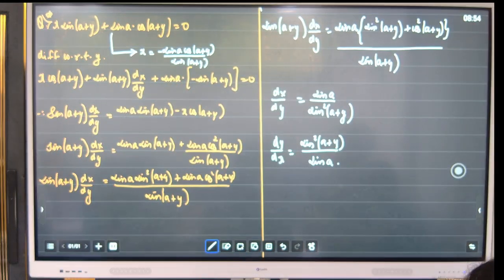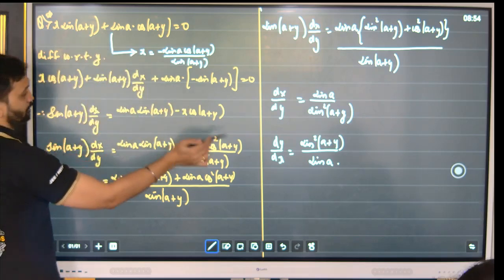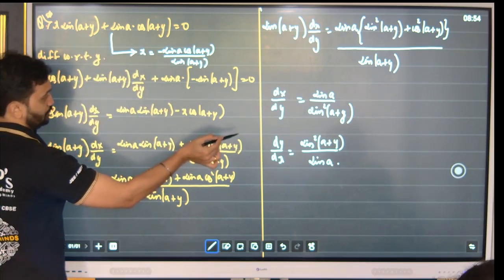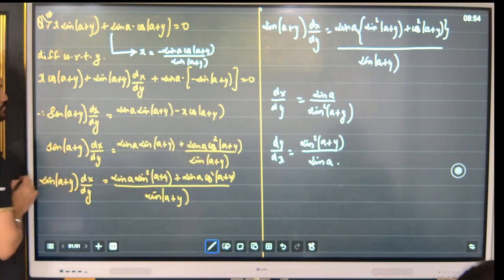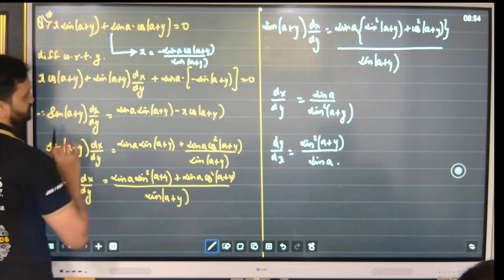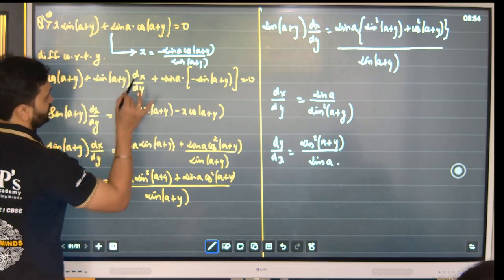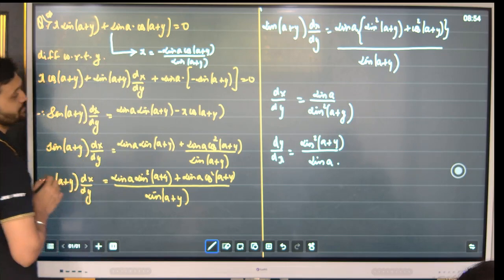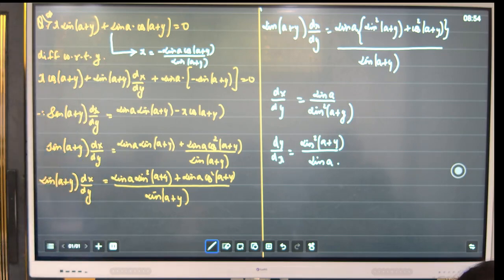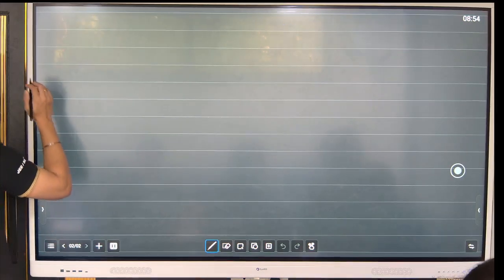So in this sum, if you differentiate with respect to x, you'll still get the same thing. We have to see which is the extra term that you're getting, and you'll get this x as the extra term. So we get the value of x from the main equation, and this is what we had to prove. Now, a very important sum.